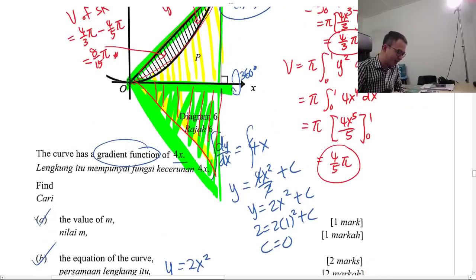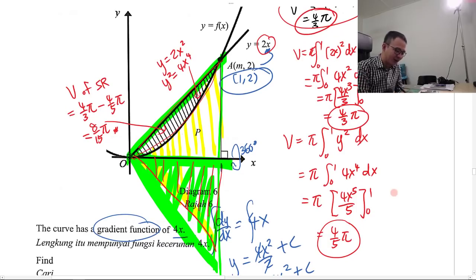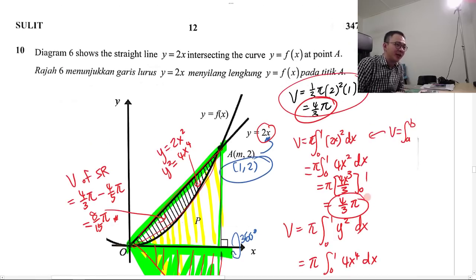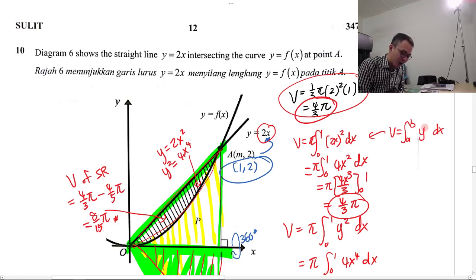Yeah, because you need to know how to find the volume. You have the formula, right? To find the volume, you integrate from A to B, and if on the x-axis dx, this one needs to be y squared. This explains why: because the straight line is y equals 2x.